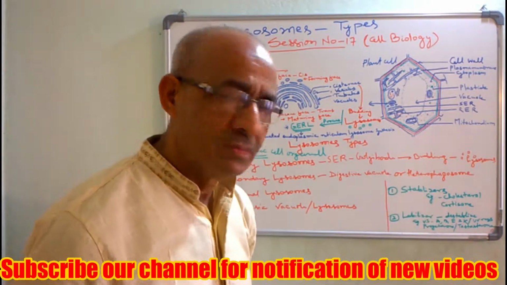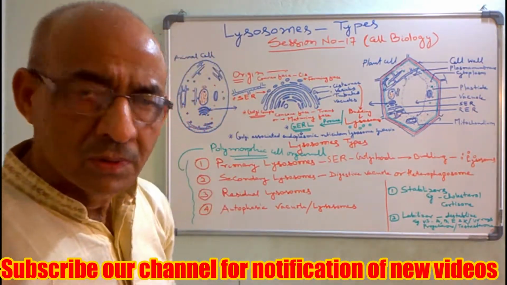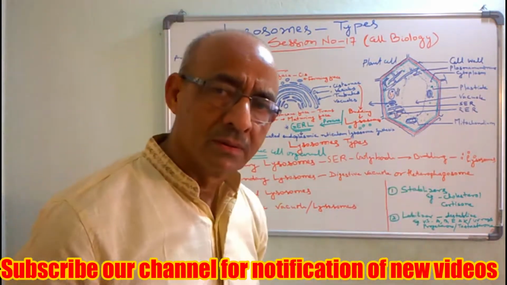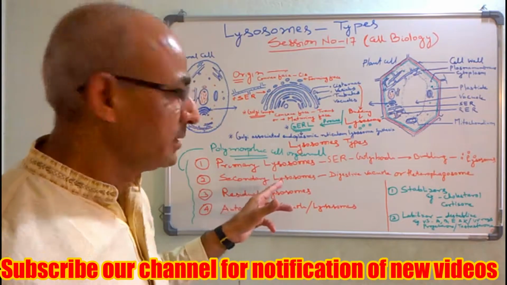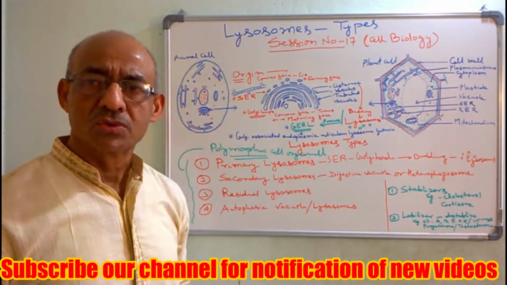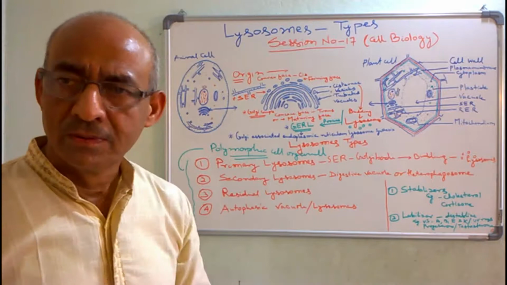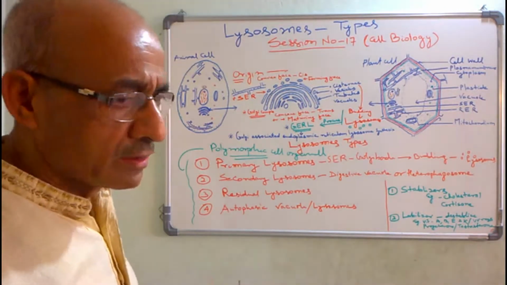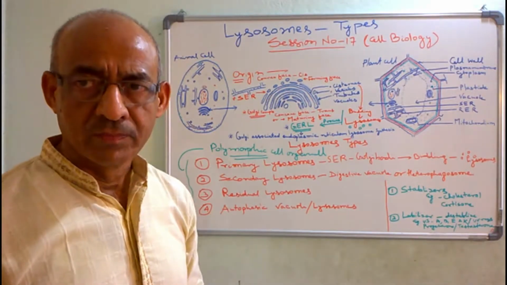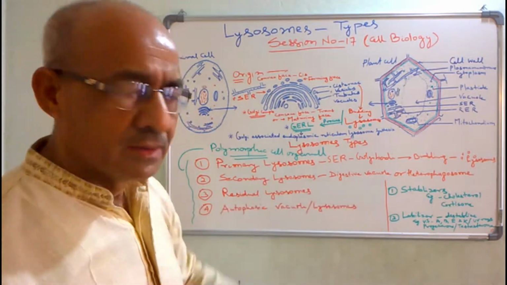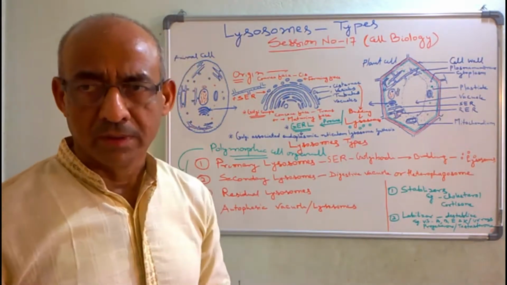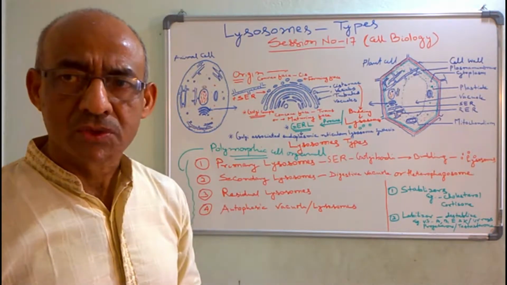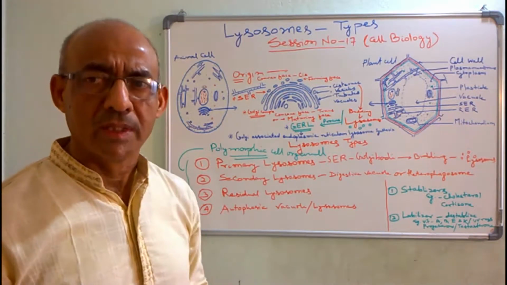By this term, it is quite clear that this secondary form of the lysosomes engulfs certain material found in the cytoplasm, and they produce digestive vacuoles. This serves as a digestive vacuole to digest the engulfed material.